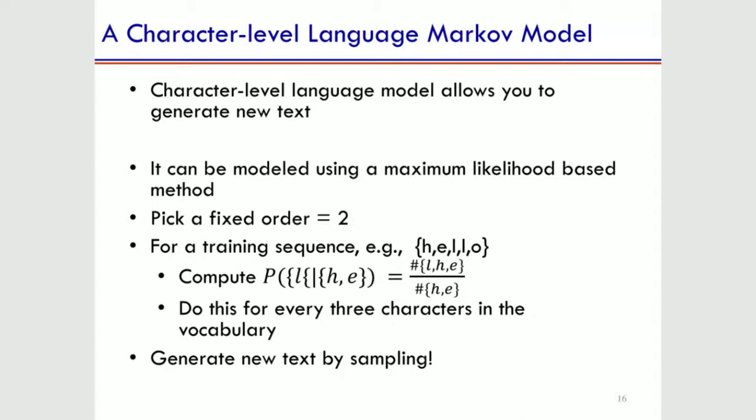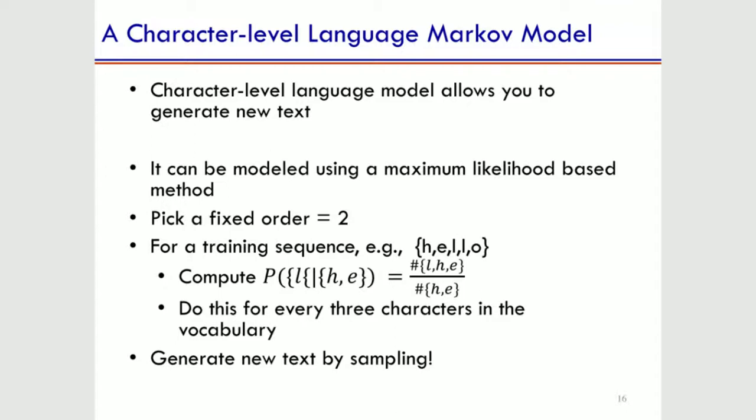Here, I'm showing you how to compute given some previous information. In this case, the previous information is the previous 2 characters, so the 2 characters determine the state. It's not 26 states, it's 26 cross 26 states. Given the previous 2 characters, what's the probability of the next character?